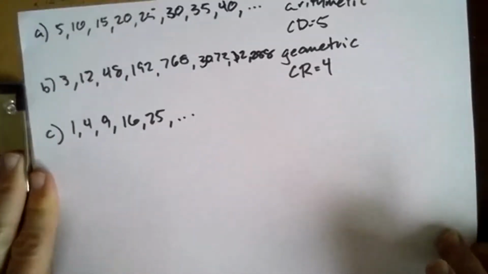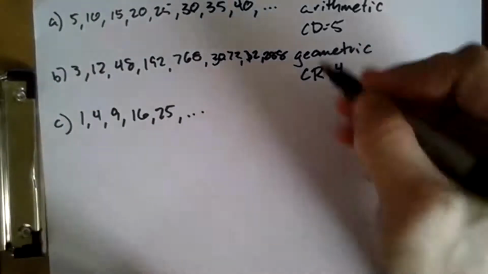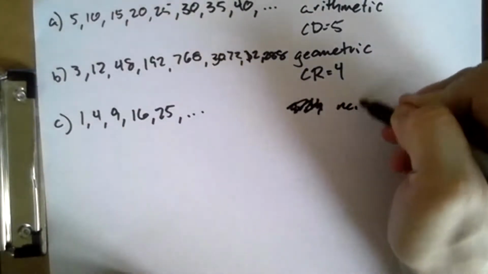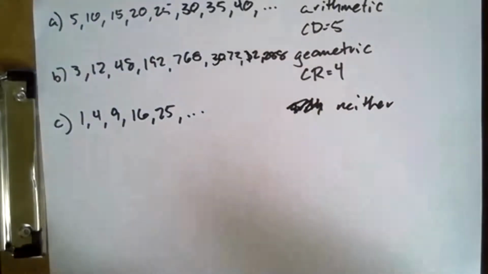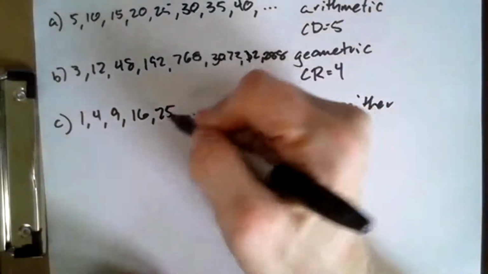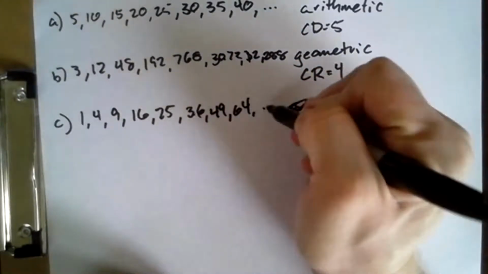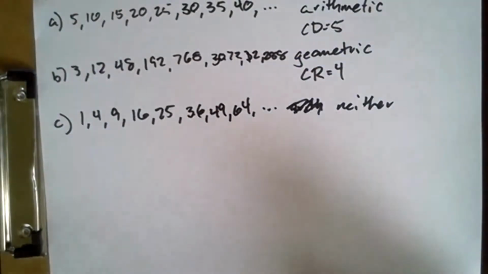So this is neither arithmetic nor geometric. We can obviously find the next few terms here, 36, 49, 64. But there are ways other than just squaring numbers to get those numbers, but it's not arithmetic or geometric.